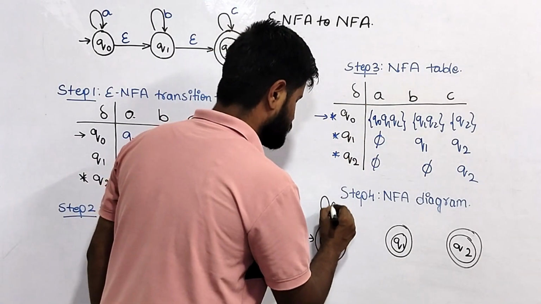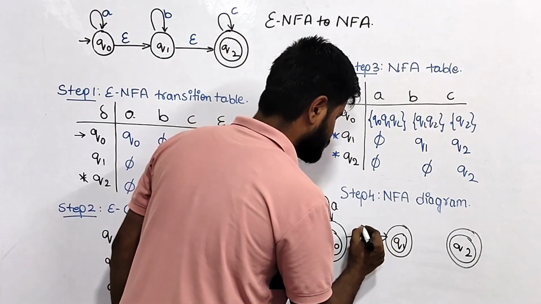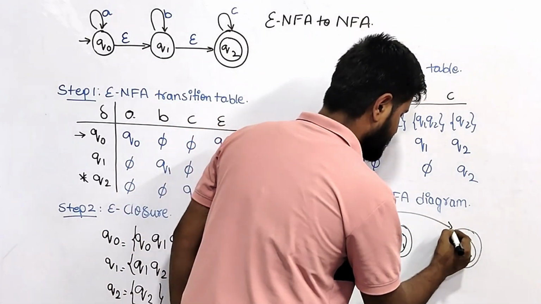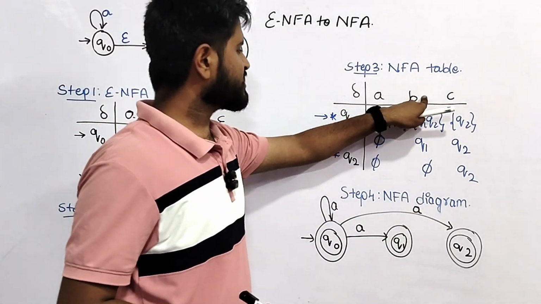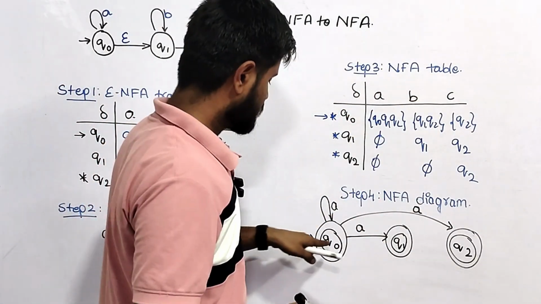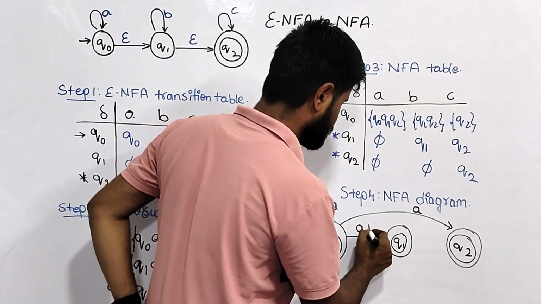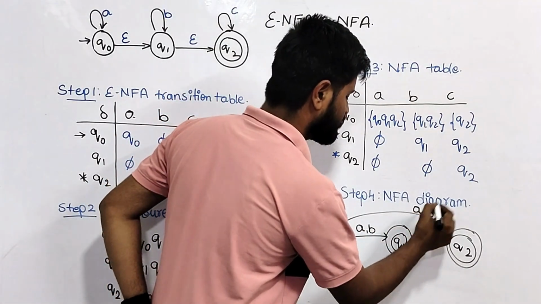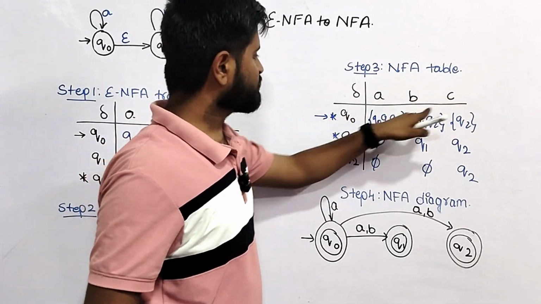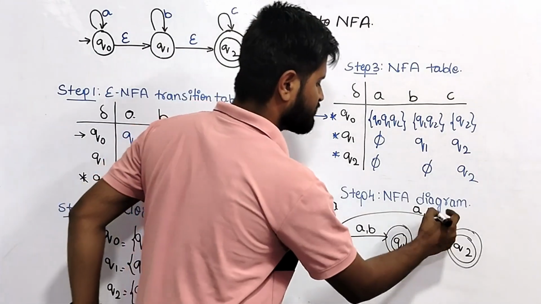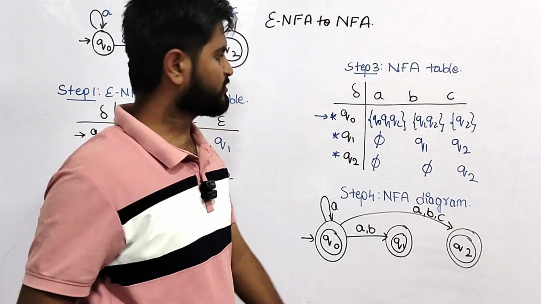Next, if B is the input, from Q0 it moves to Q1 and Q2. Next, if C is the input, Q0 is moving towards Q2.